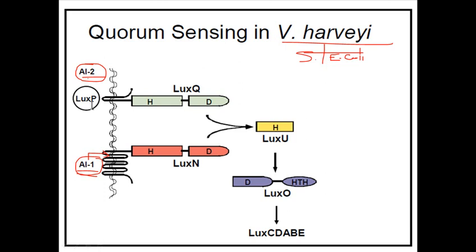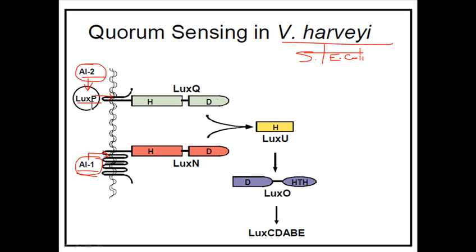It attaches to the receptor via a mediator, or carrier molecule. In this case, the carrier molecule is LuxP. It's a carrier protein of autoinducer molecule 2. Autoinducer 2 binds with the LuxP protein, and the LuxP protein finally attaches to the receptor side, and finally it will trigger some change in the kinase region, and then the whole system is going on.